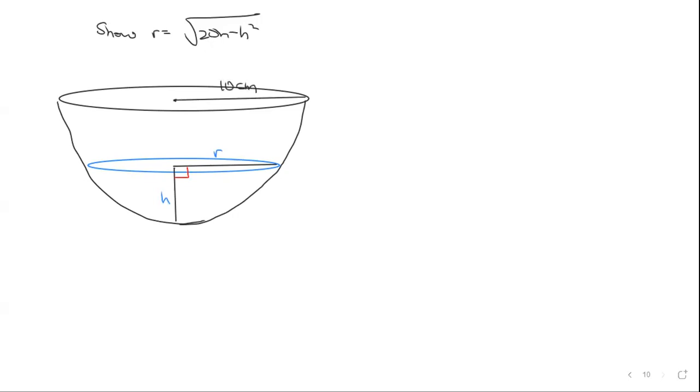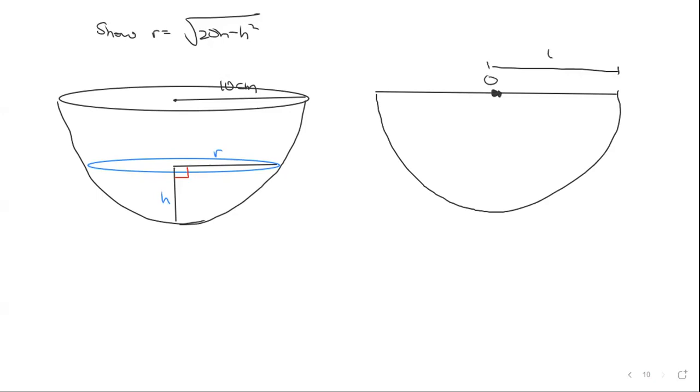Now, because you want to find r in terms of h, what might be most helpful is to look at this cross section here. So now that we've got the cross section, we recognize that this is 10 centimeters.